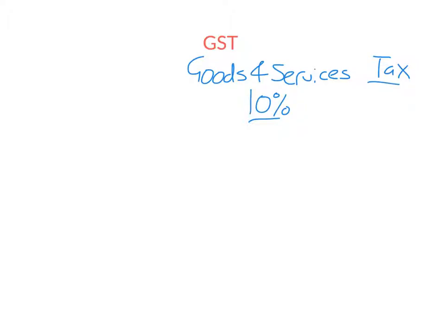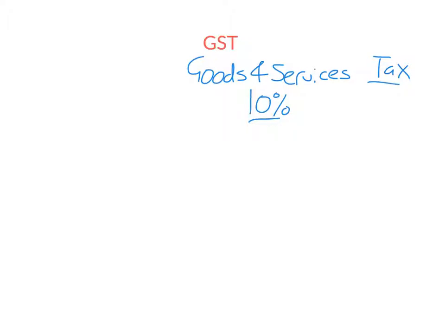The only things that are GST free are things like basic foods, like milk and fruit, and health services, like seeing the doctor. You don't have to pay money to the government. However, most things, almost everything that you buy, does have GST. So we're going to look a bit more at the maths behind this.